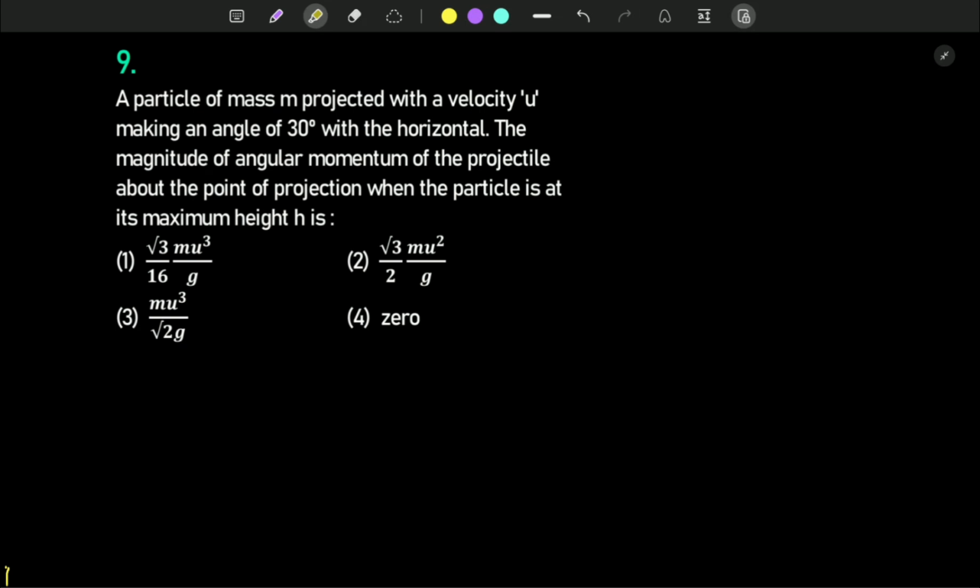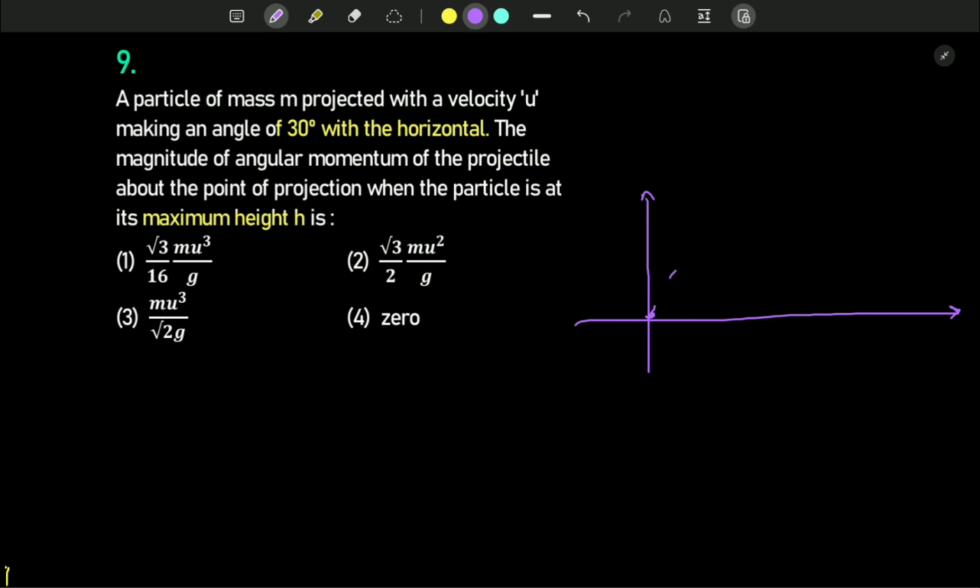So here is our next question. A particle of mass m is projected with a velocity u making an angle of 30 degree with the horizontal. Find the magnitude of angular momentum of the projectile about the point of projection when the particle is at its maximum height. So it is talking about a projectile motion, so let us draw it. This is our coordinate system and the projectile has been started from the origin.